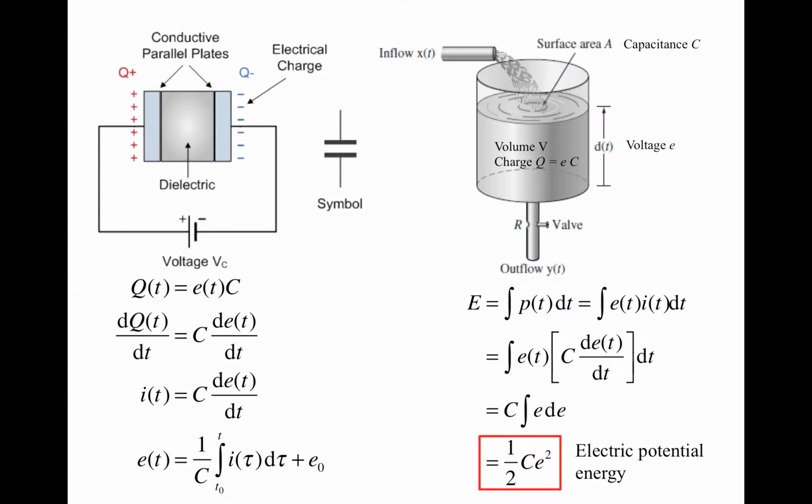So voltage is also associated with some kind of potential energy, and this is the electrical potential energy. So it's the potential squared multiplied by C multiplied by 1/2 that gives you the energy. It's a form of electric potential energy that's being stored inside of the capacitor.